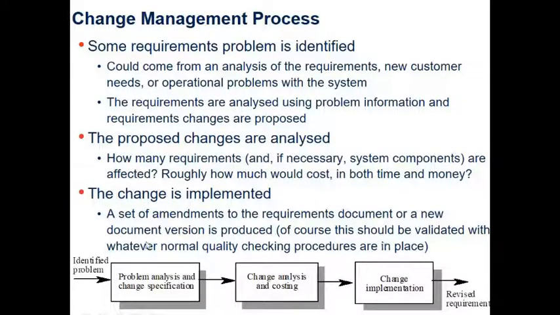Of course, this should be validated with whatever normal quality checking procedures are in place. So first you identify the problem, then change analysis and costing is done, then change implementation is done, and you end up with the revised requirements. So either the requirements version will change or the entire document's version will change.